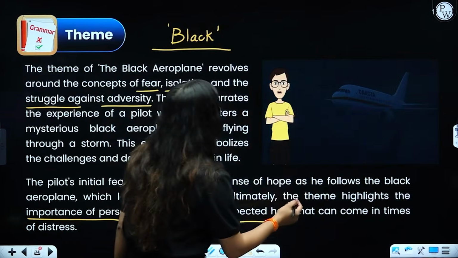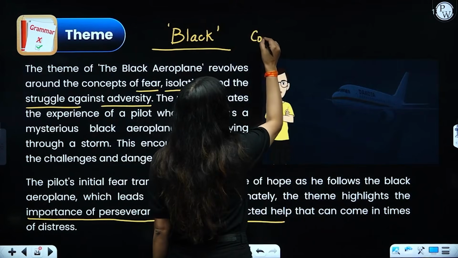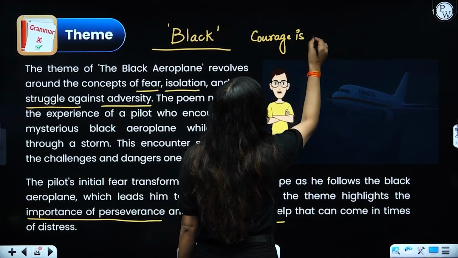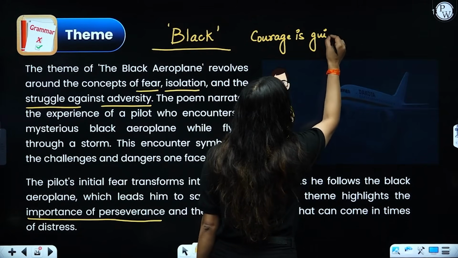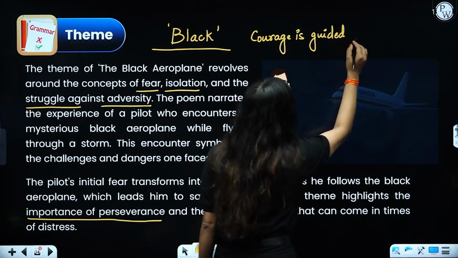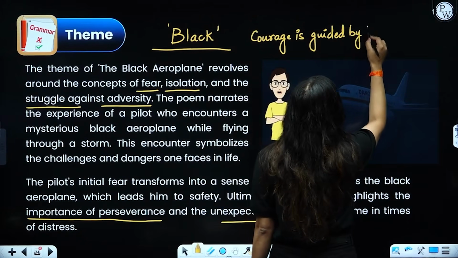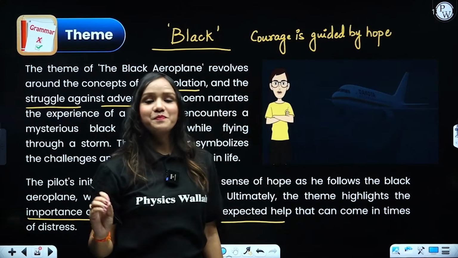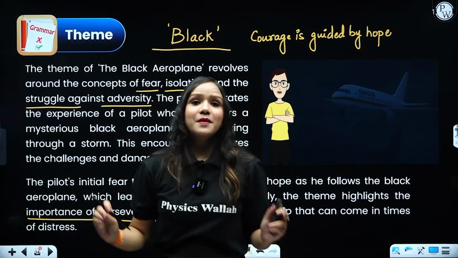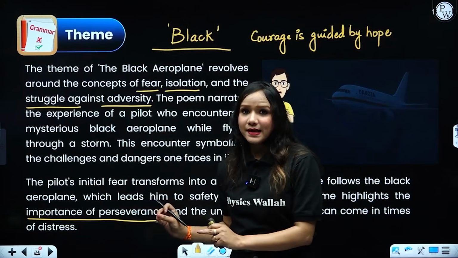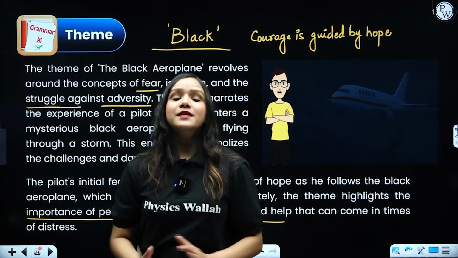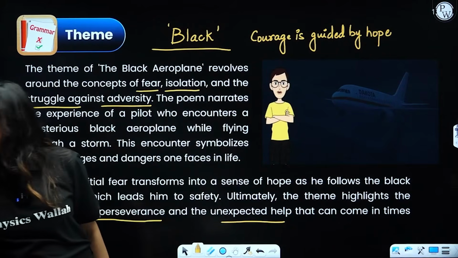I'll write it here somewhere: courage is guided by hope, right? So this pilot of DS-088 was courageous enough to face the situation, all right? I just want you to remember this.